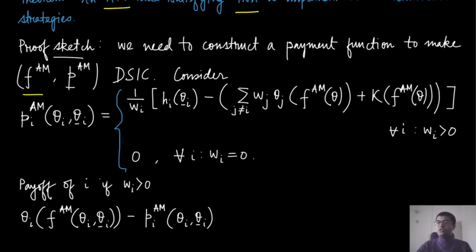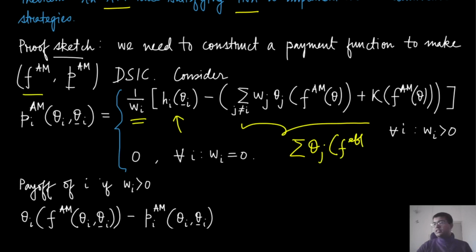What it is essentially doing is dividing with respect to the weight of that player, and taking a very similar structure. If you look at it, it's a very similar structure to the Groves class of payments. The only thing is the second part of this payment function, which was just the sum over j not equal to i of v_j(theta_j, f efficient of theta) in the case of Groves payments.